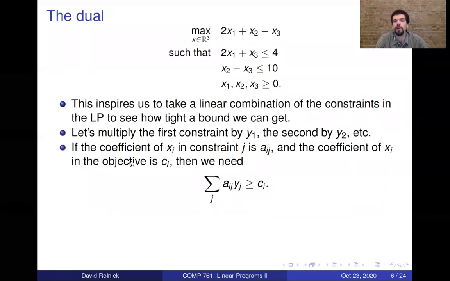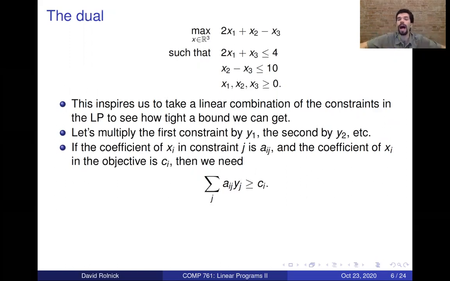So if the coefficient on xi in constraint j is aij, you can think of this like a matrix. And the coefficient of xi in the objective function is ci. Then we just need combining all of the aij with yj, because we're multiplying constraint j by yj, we just need that is greater than or equal to ci. That's what we want.